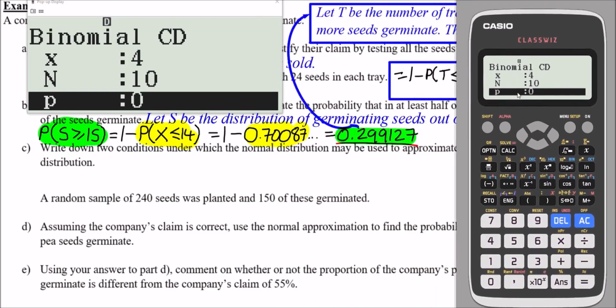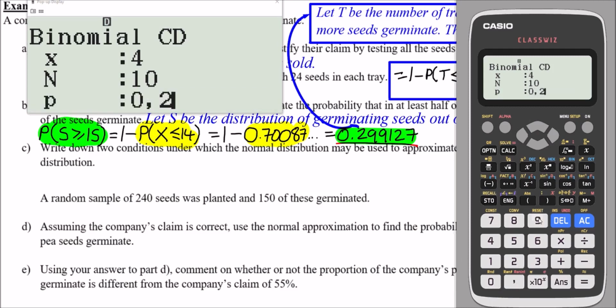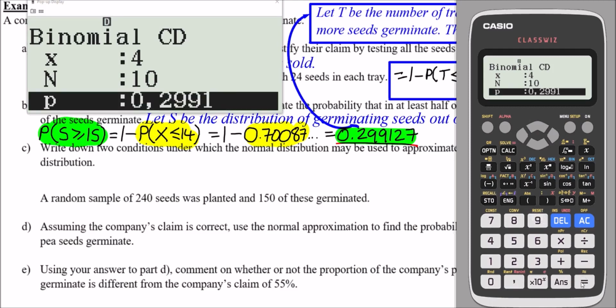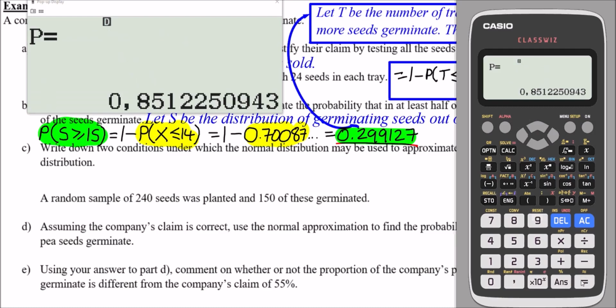So the probability was 0.299127. So it's good if we use this more accurate version here. So I'm going to input 0.299127, press equals, and then equals again, and we get here a proportion of approximately 0.8512.